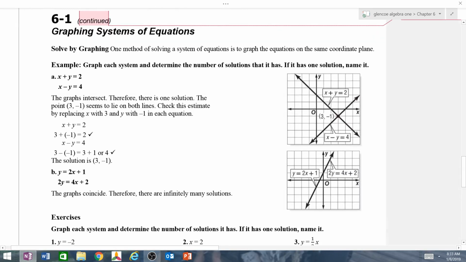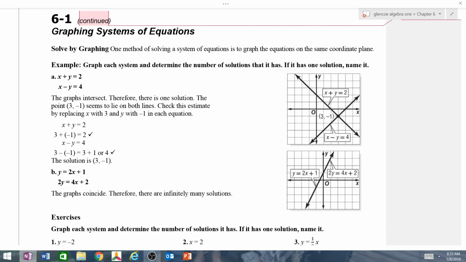Graphing systems of equations. So one method of solving a system of equations is to graph the equations on the same coordinate plane. We all remember how to graph. We spent a lot of time at the end of last semester making sure that we could graph. If the graphs intersect, they have one solution. If it's the same line, they have infinitely many solutions.